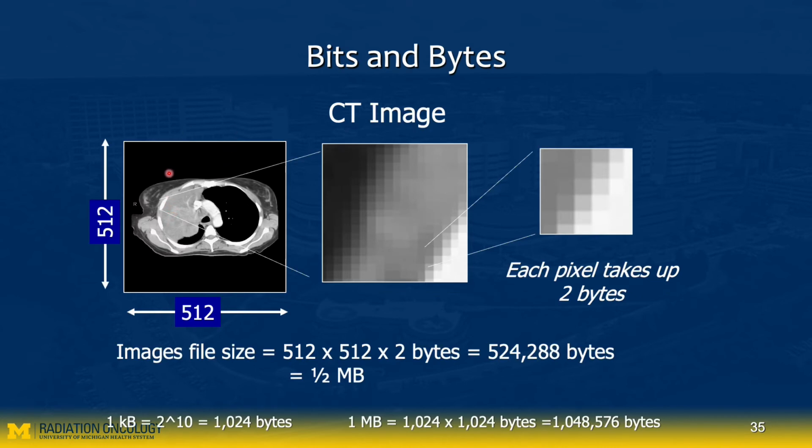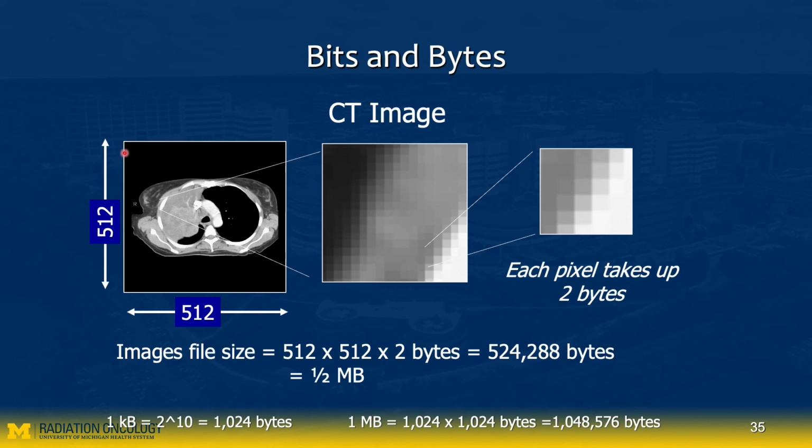So going back to my original CT image example of the torso, let's try to estimate the file size of this 1-slice CT. Typically a 1-slice CT image is composed of 512 pixels by 512 pixels across.